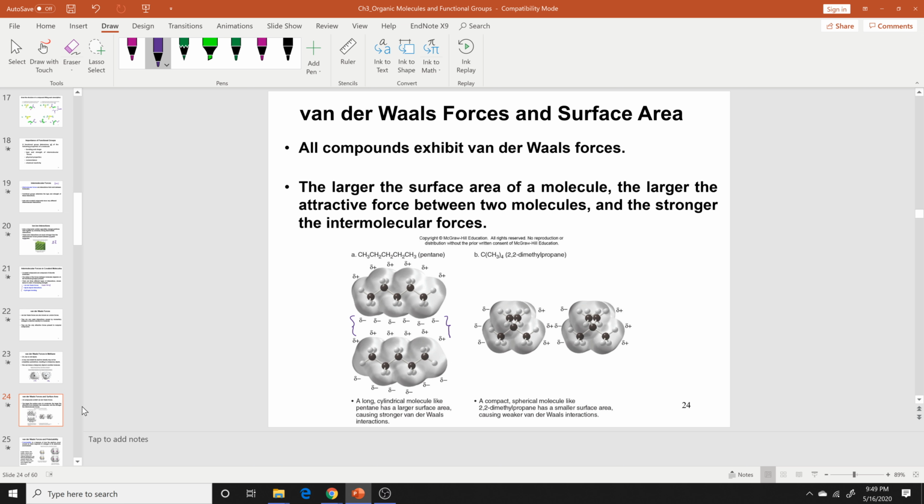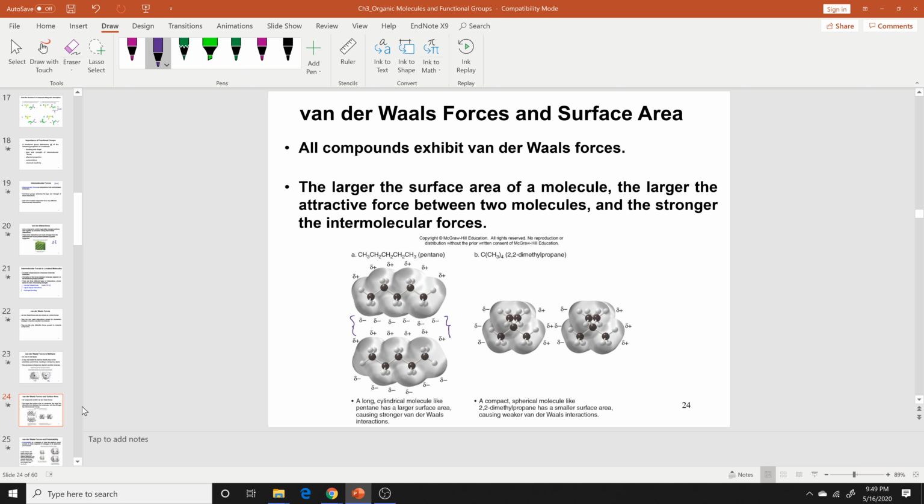Compare that to a compact molecule here. I am giving an example of a 5-carbon compound. This 5-carbon compound here is basically called neopentane.